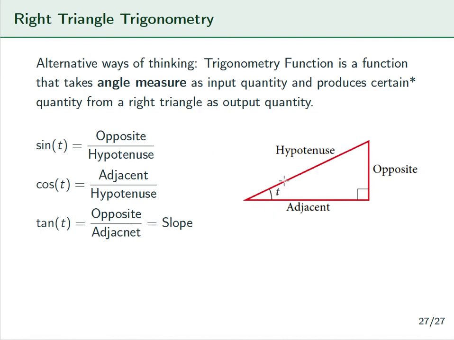It seems like we can only do sine, cosine, tangent when we're given a right triangle. But as we saw before, as the angle increases, the right triangle shape changes. It is simpler to think about the angle as a varying quantity than the right triangle shape changing as a varying quantity. So yes, we can use this idea to evaluate certain sine, cosine, tangent as an output, but do remember that the angle is a varying quantity.